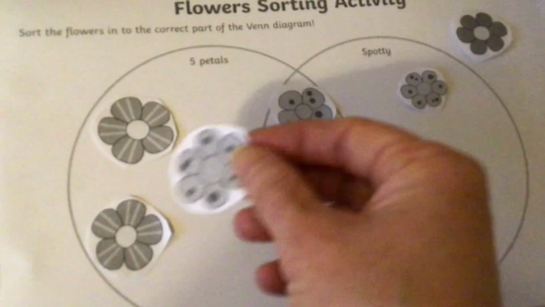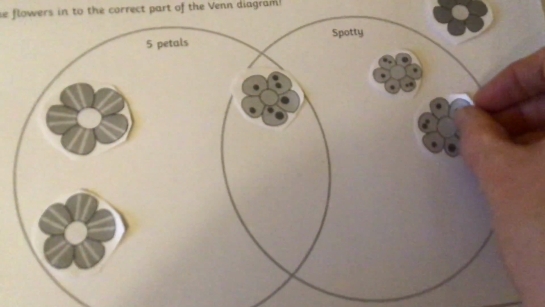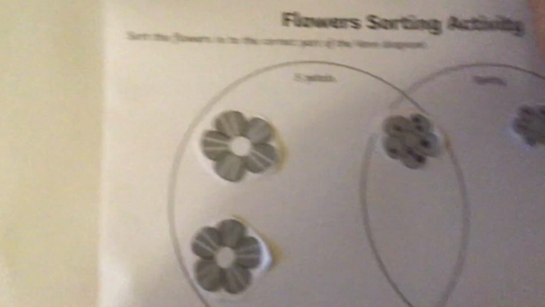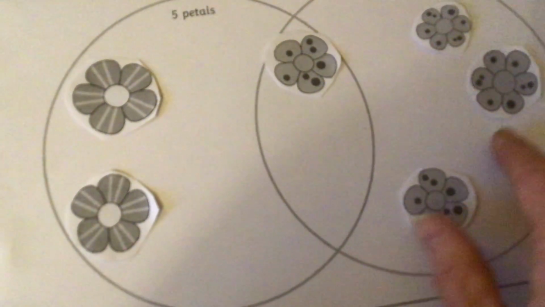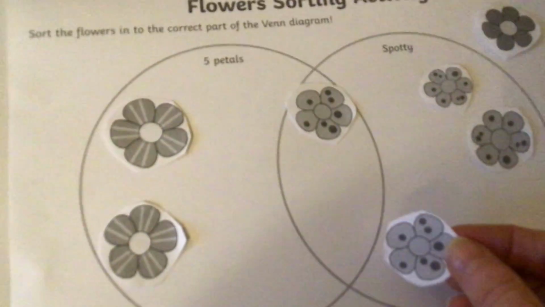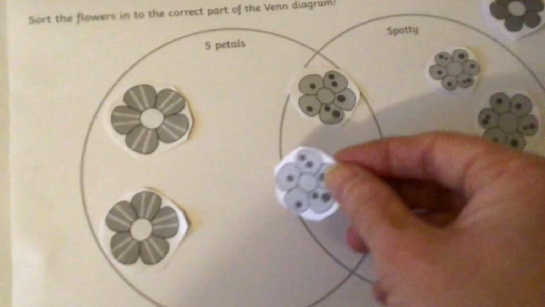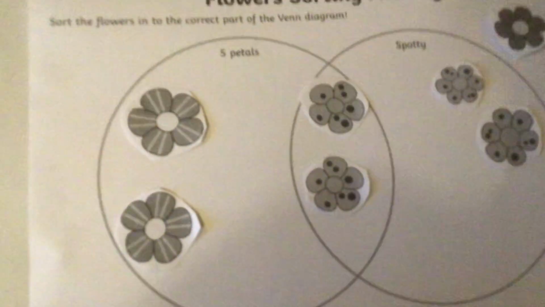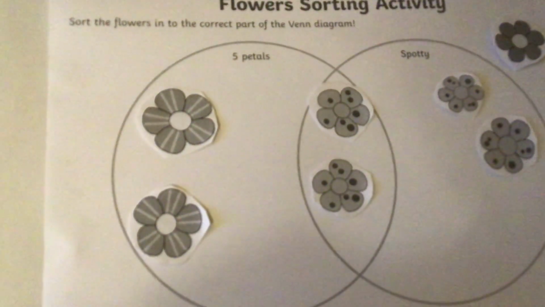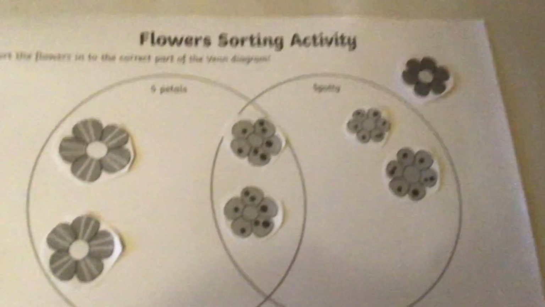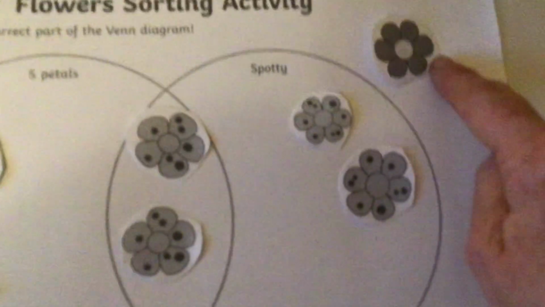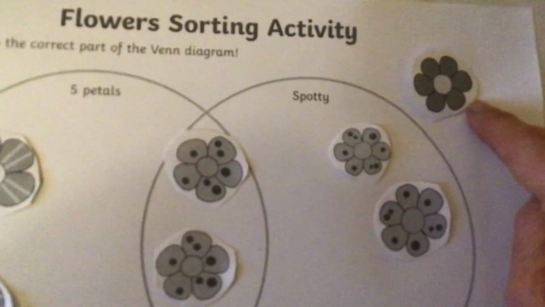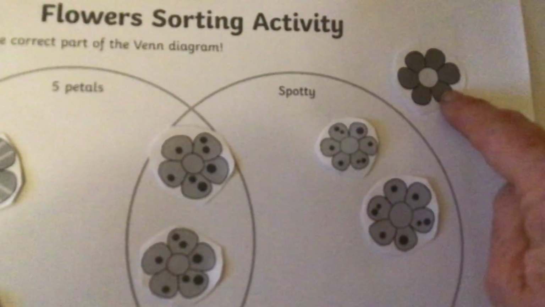So it's not 5 petals, it's spotty, it must go there. One more. 1, 2, 3, 4, 5 petals and spotty. That's one of those in both. Again, goes in the middle. So remember, if it doesn't fit in either of the circles, it goes outside the Venn diagram like this one. Okay, this one over here.